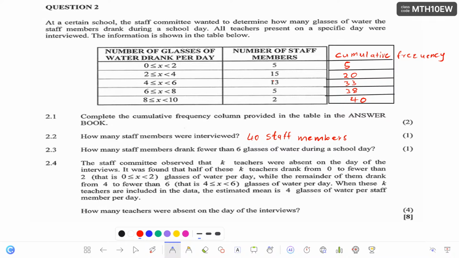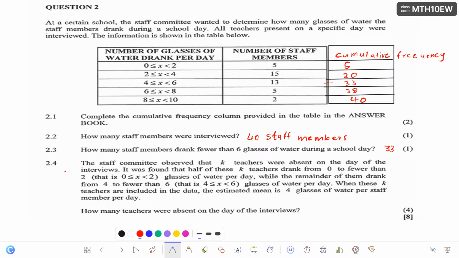We don't check the number of staff members. We check the cumulative frequency, and we take the number corresponding to this interval. So it is 33. So here you're going to write 33 staff members that drank fewer than 6 glasses of water during a school day.